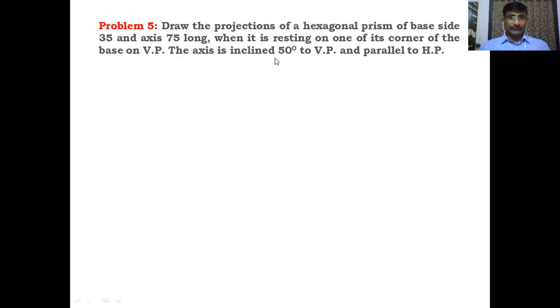The true shape is visible in the front view. You have to draw the front view first as a hexagon with a corner on the right side, because this is a corner based problem.